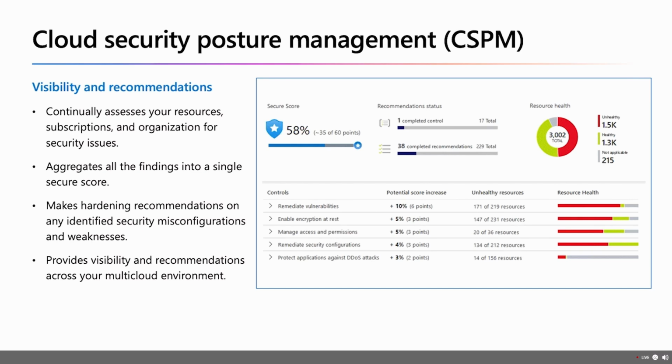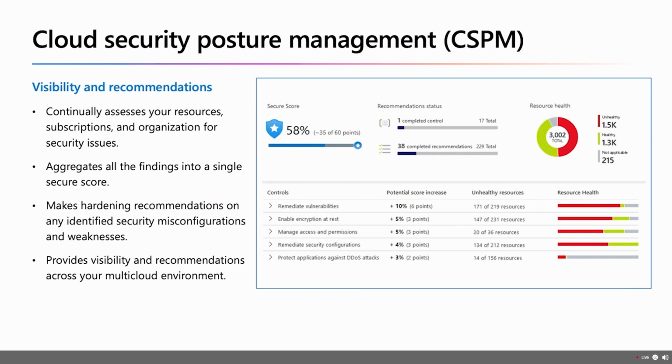Microsoft Cloud Security Benchmark is automatically applied to your environments and generates all the built-in recommendations that are part of this default initiative. In addition, Microsoft Defender for Cloud provides hardening recommendations based on any identified security misconfigurations and weaknesses. Recommendations are grouped into security controls.